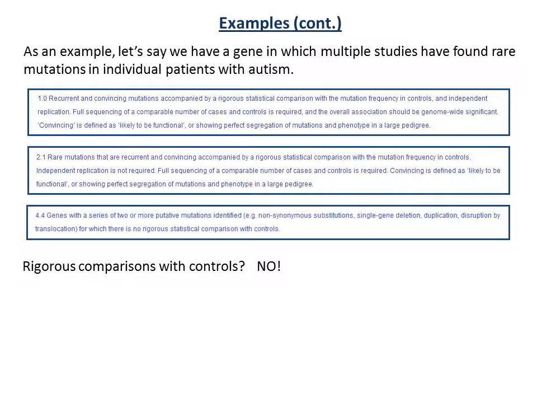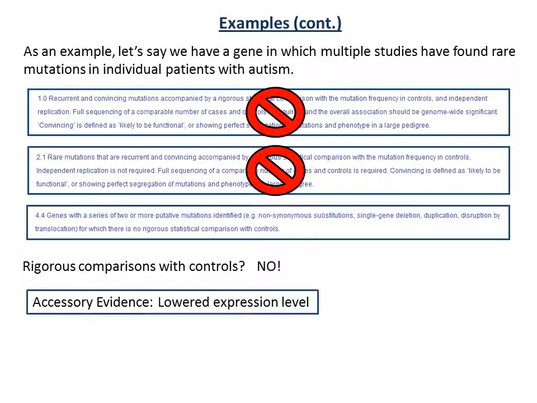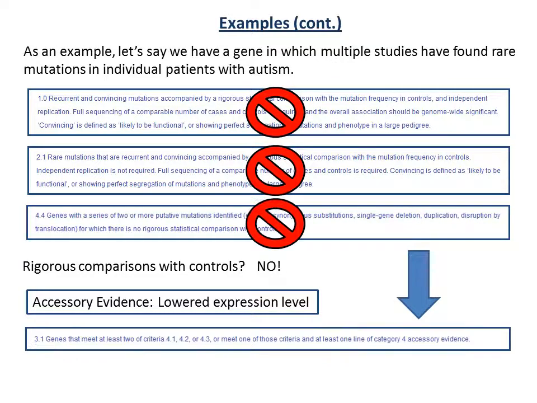Because of this, the gene can now only fall into Category 4.4. Luckily for this gene, however, a study also exists that shows a lowered expression level of this gene in the brains of autistic patients. This accessory evidence now boosts the gene to Category 3.1.